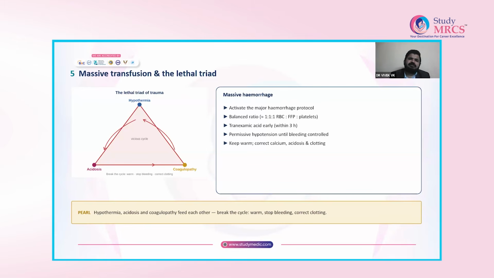You can give tranexamic acid initially. You can give 1 gram of intravenous tranexamic acid in any patient within 3 hours of trauma. And always keep permissive hypotension until the bleeding is controlled.